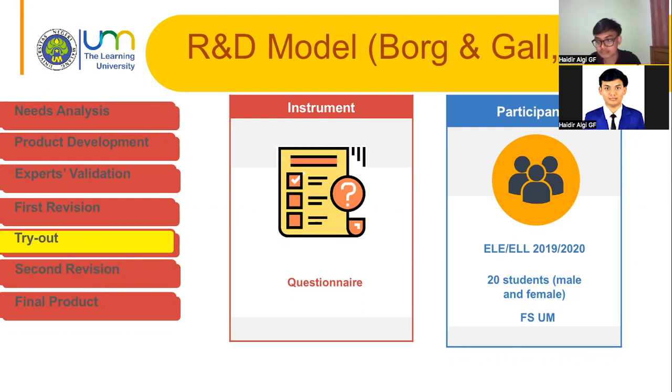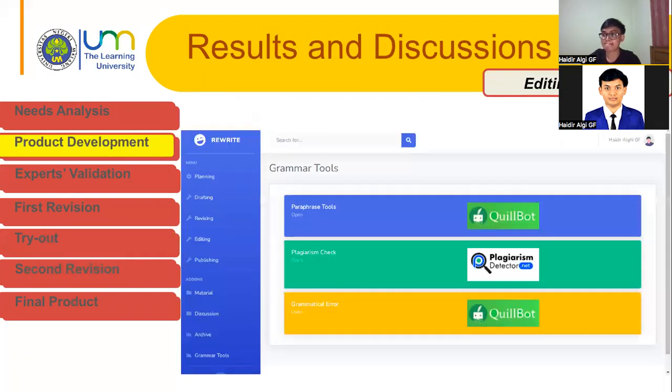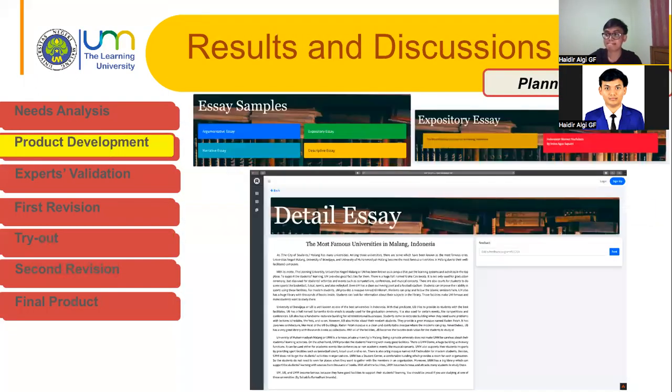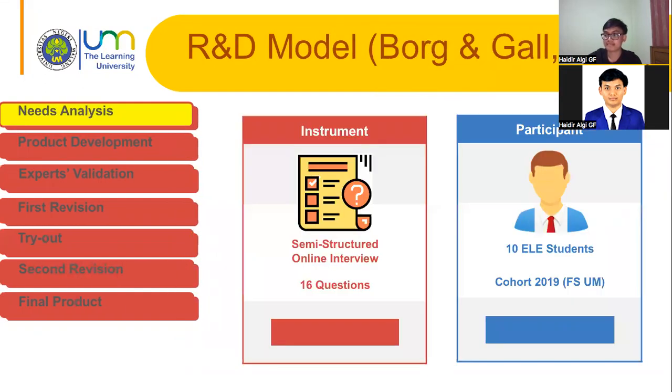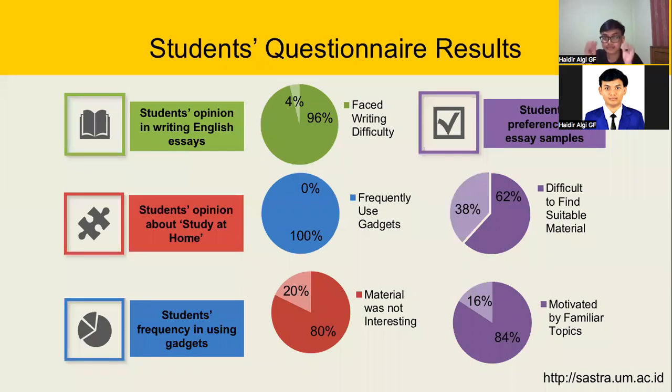Like if you want to measure their opinions toward the effectiveness of the Siakat platform, something like that, you need to ensure that your items are valid. It means that they measure what they should measure. Have you conducted the validity and reliability test for that?